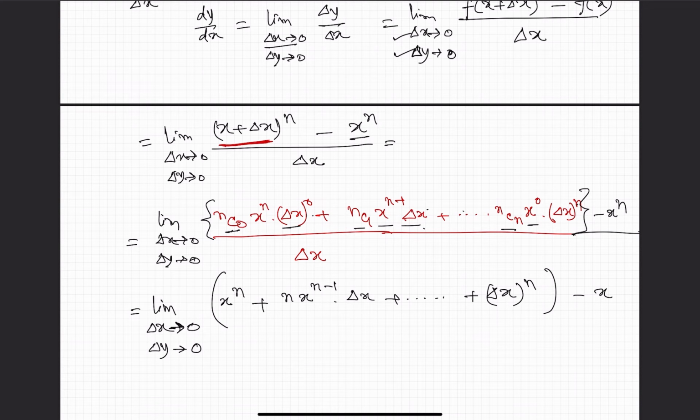and this is x to the power n minus 1, x to the power n, divided by del x.